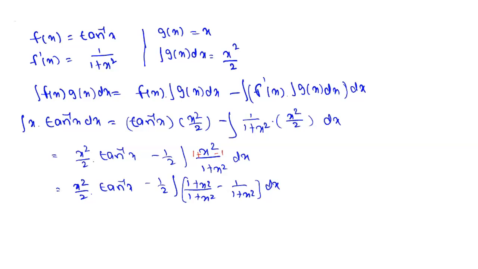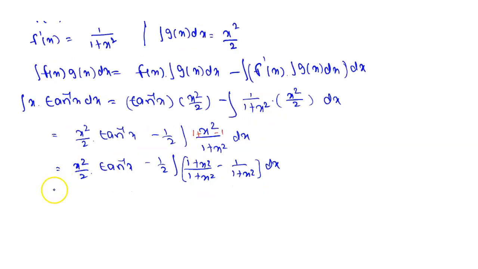So this is equal to x square by 2 into tan inverse x minus 1 by 2. Here I can cancel 1 plus x square by 1 plus x square, leaving 1 dx, minus over minus will become plus 1 by 2 integral 1 by 1 plus x square dx.